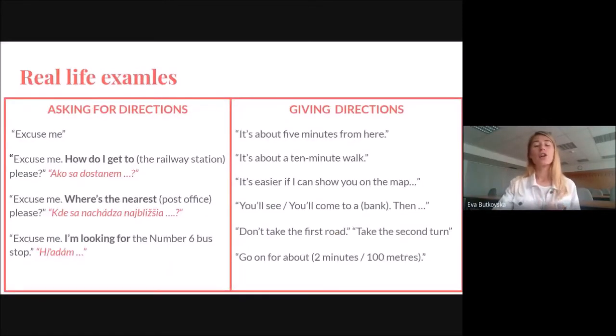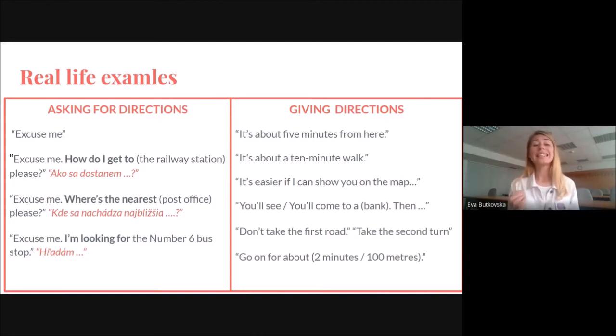So let's look at real life examples. How will you hear the conversation? If you want to ask for directions, always start with the phrase, excuse me. Put the tone on the second part, on the word me, so you're making it sound like a question.